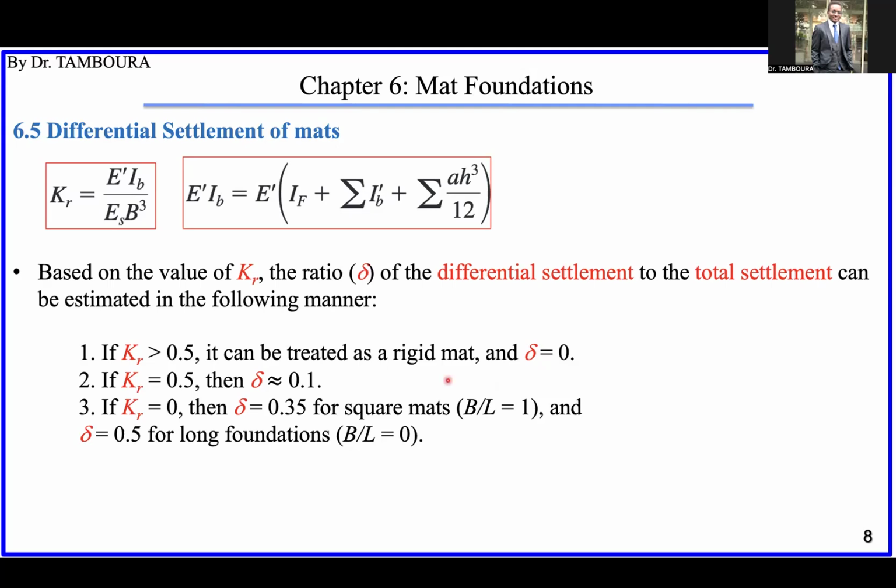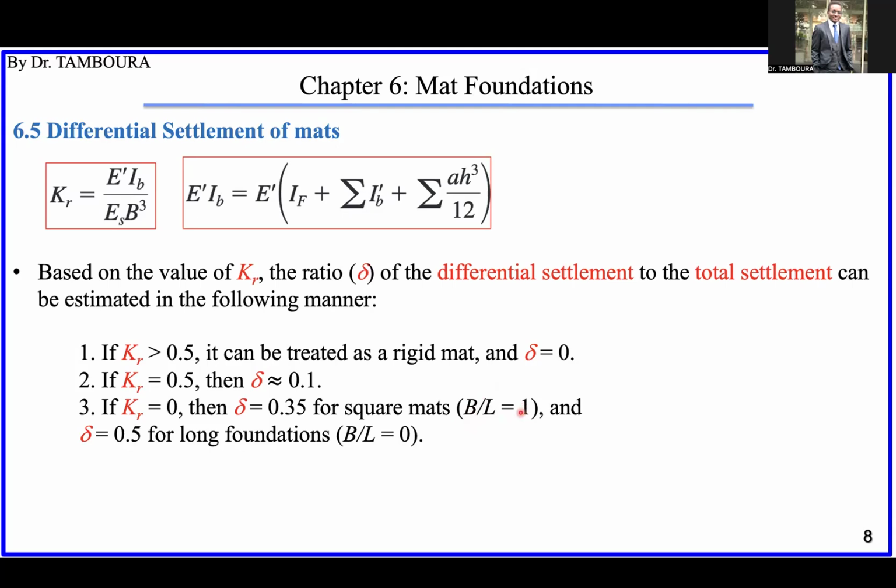If this coefficient is equal to 0.5, then we say that the differential settlement ratio is 0.1. If it is 0, then the differential settlement will be 0.35 for a square mat, which means B divided by L is 1.